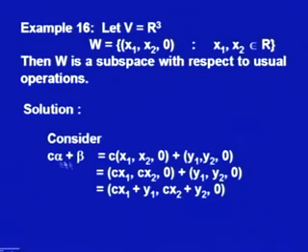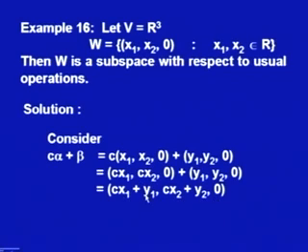we consider C alpha plus beta. So, I am using that very definition, that if alpha and beta belong to W, then C alpha plus beta belongs to W, then it becomes a subspace. So, let us consider C alpha plus beta. Alpha happens to be x1, x2, 0 belonging to the set W. y1, y2, 0 is nothing but beta in W. Then if you add the two, it is Cx1, Cx2, 0 plus y1, y2, 0, and finally we will have Cx1 plus y1, Cx2 plus y2 and 0.